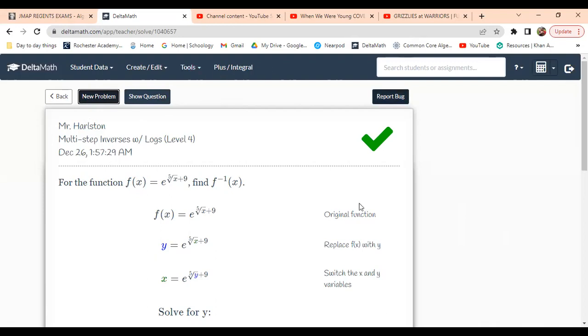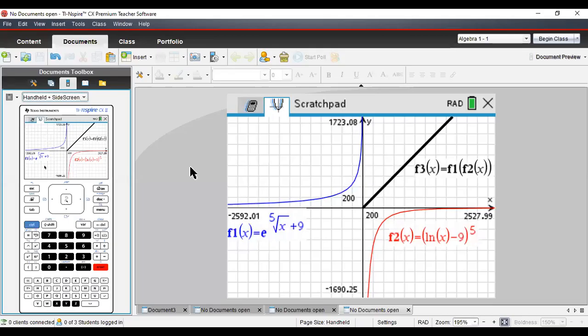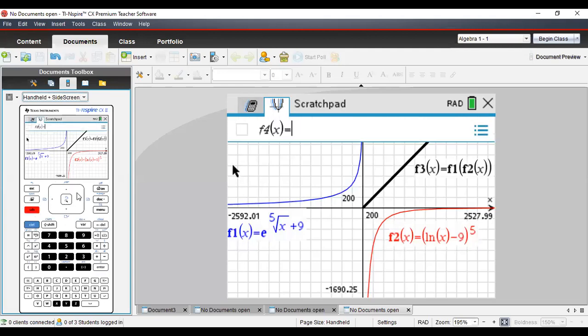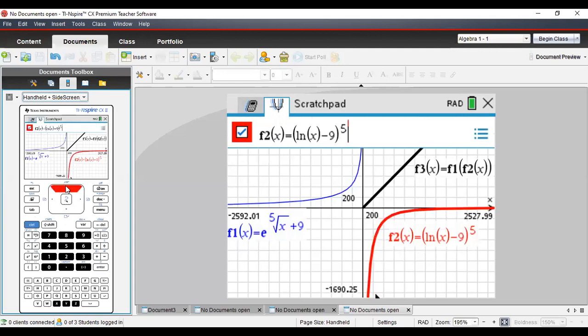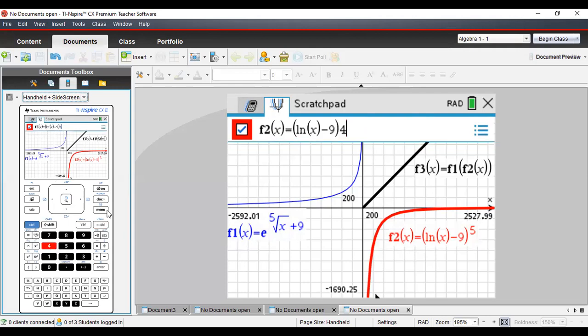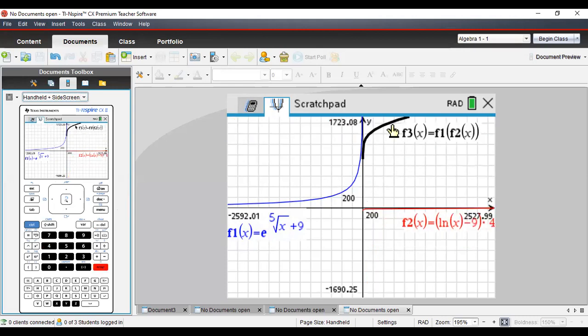Let me go back over and see if I can make this. Like if I go into one of these functions, let's say I delete this and make it a 4. Oops, that's not what I wanted to do. Actually, that's fine. Now see, the function and the inverse of what we had, you can see that it's not a straight line.